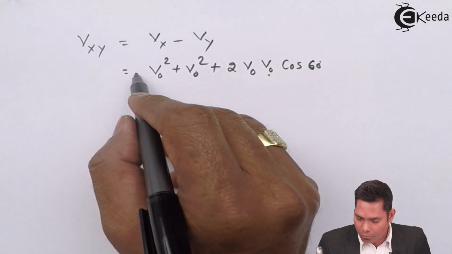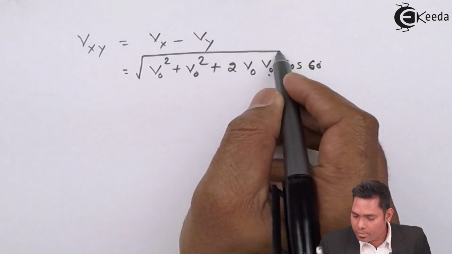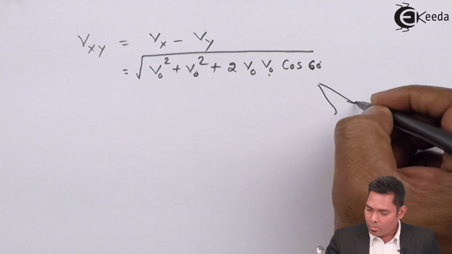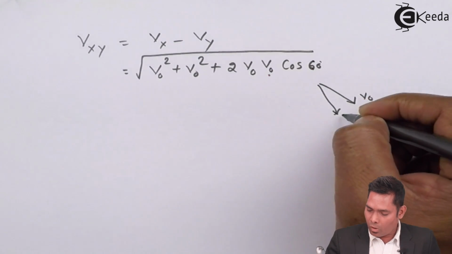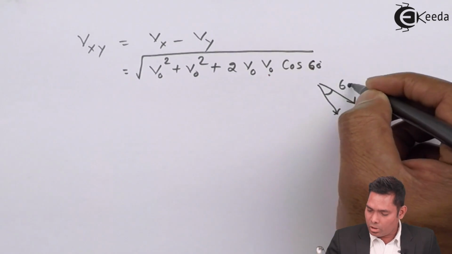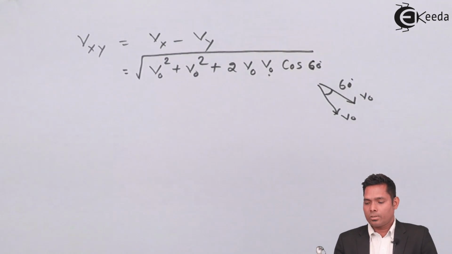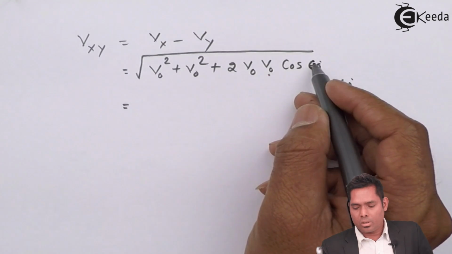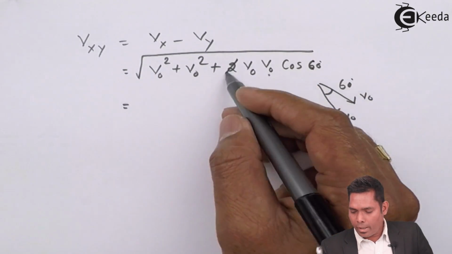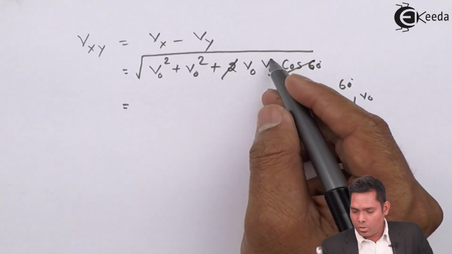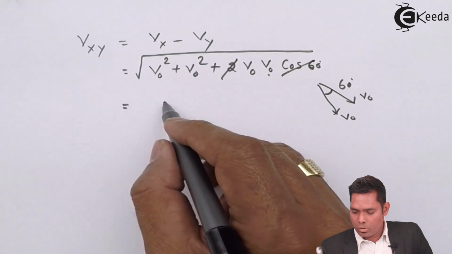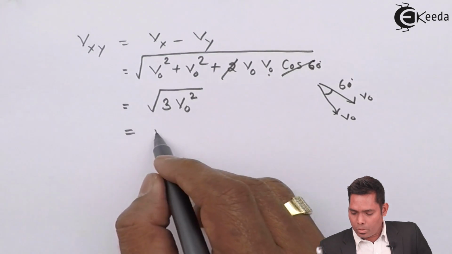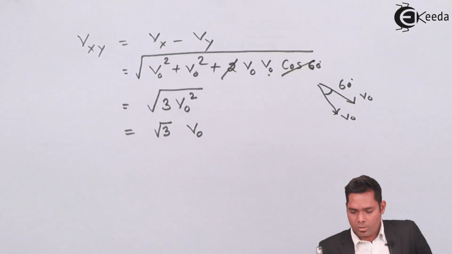This is the resultant of these two vectors V0 and V0 making an angle of 60 degree. Cos 60 is half, so the 2 and cos 60 cancel. This is V0 square and this is V0 square, the total is 3 V0 square.